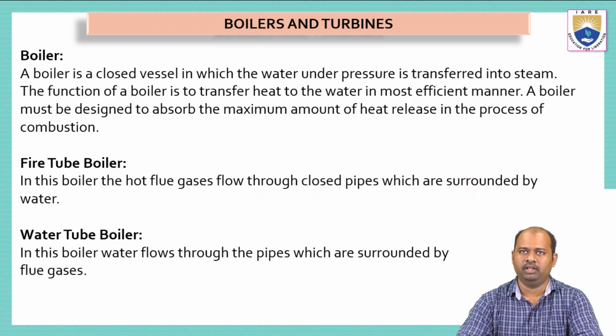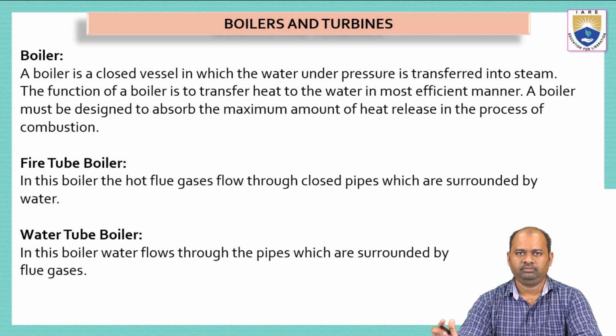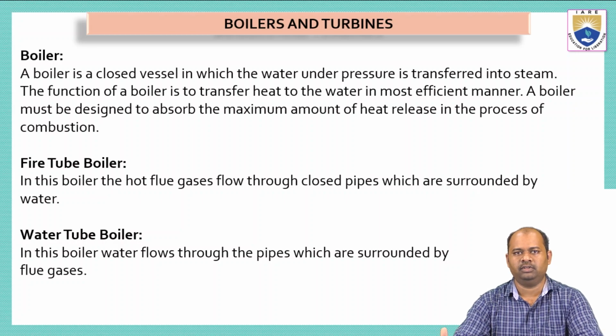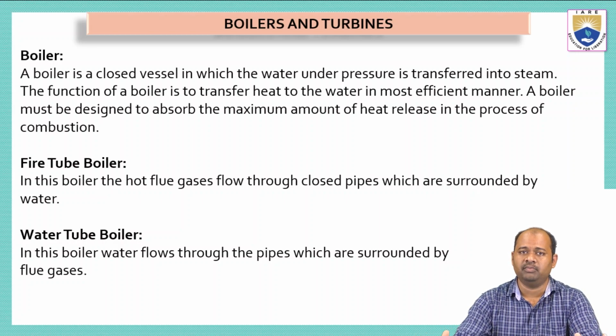The function of a boiler is to transfer heat to the water in the most efficient manner. So the function of the boiler is not only to heat water; whatever heat is given to the boiler, this entire heat should be supplied to the water in the most efficient manner. Otherwise, there is no use of using the boiler.